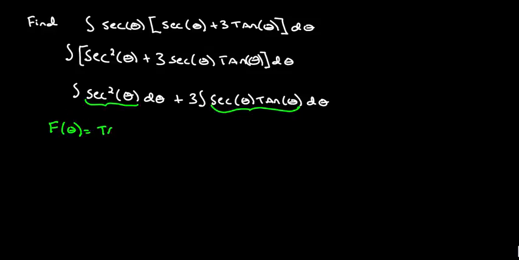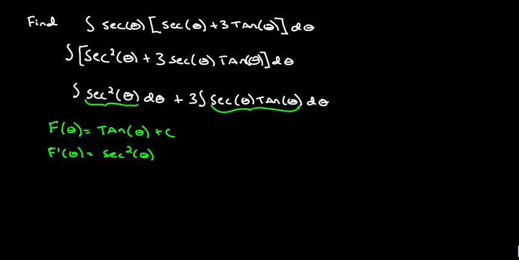So if we let the original function be tangent theta plus a constant, and if we differentiate this, then f prime of theta is equal to secant squared theta plus 0, because the rate of change of a constant with respect to theta is 0. So we won't even write that in there.